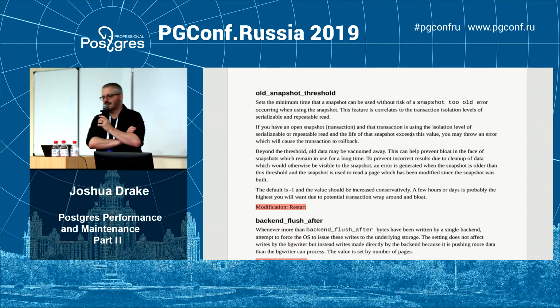If you have an open snapshot, a transaction, and that transaction is using the isolation level of serializable or repeatable read, and the life of that snapshot exceeds this value, you may throw an error which will cause the transaction to roll back. Beyond the threshold, old data may be vacuumed away. This can help prevent bloat in the face of snapshots which remain in use for a long time, to prevent incorrect results due to cleanup of data which would otherwise be visible to the snapshot.